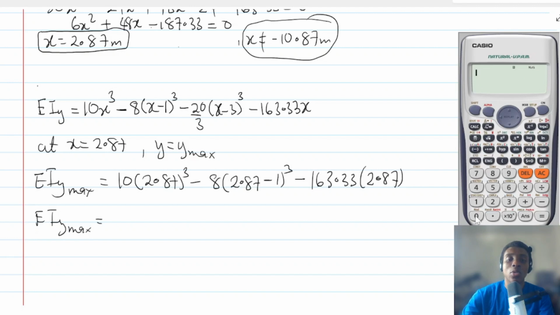Okay, so 10 multiplied by 2.87 cubed, and then minus 8 multiplied by (2.87 minus 1) cubed, then minus 163.33. What is that? 20.755.